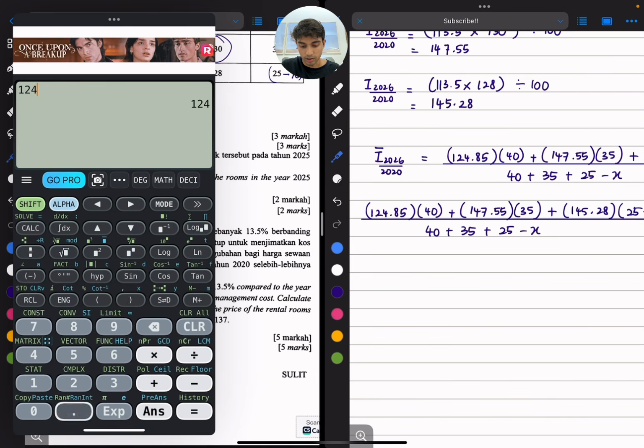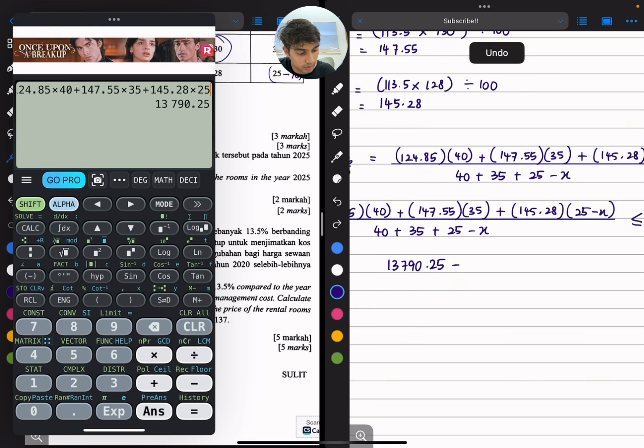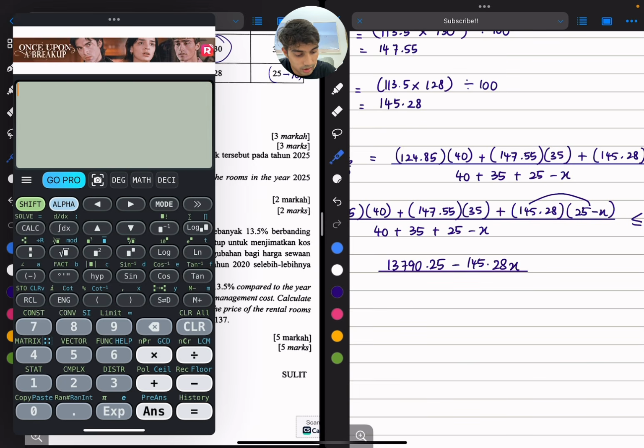All these we can add first: 124.85 times 40 plus 147.55 times 35 plus 145.28 times 25, which gives 13,790.25, minus 145.28x, over the denominator, which will be 100 minus x.